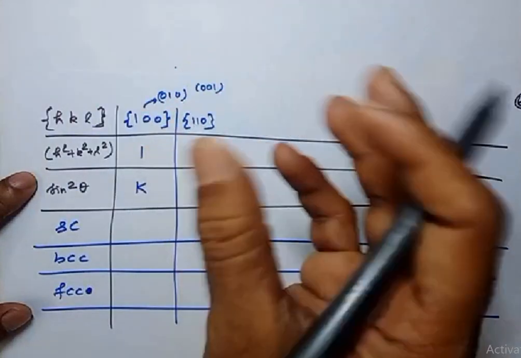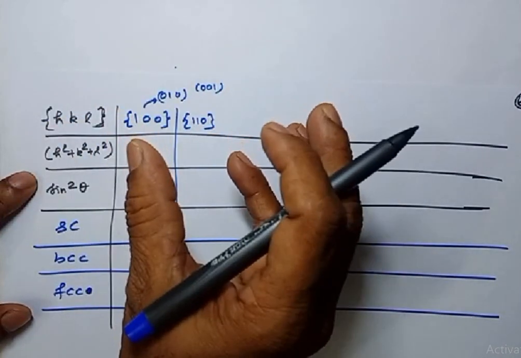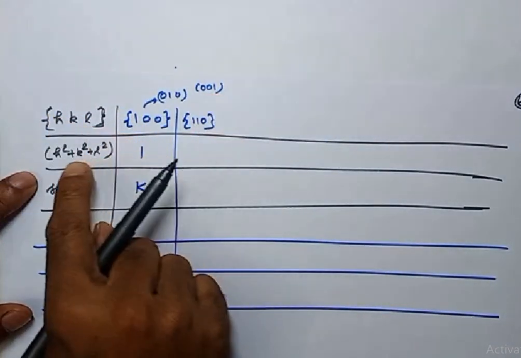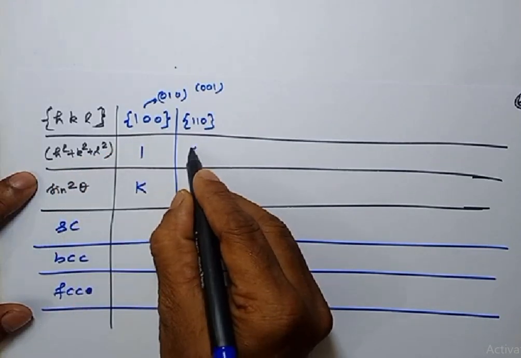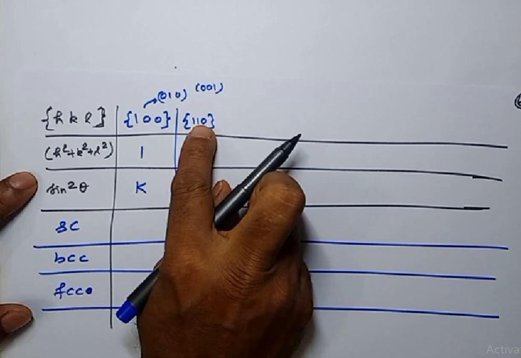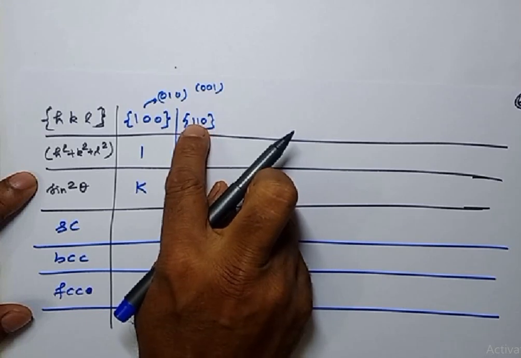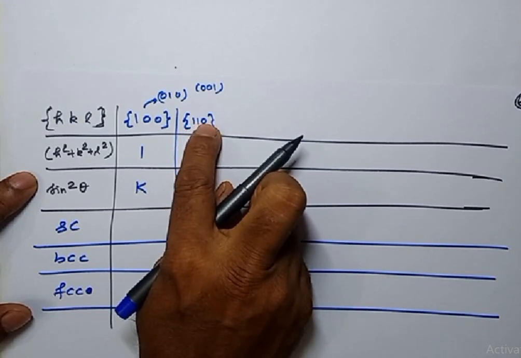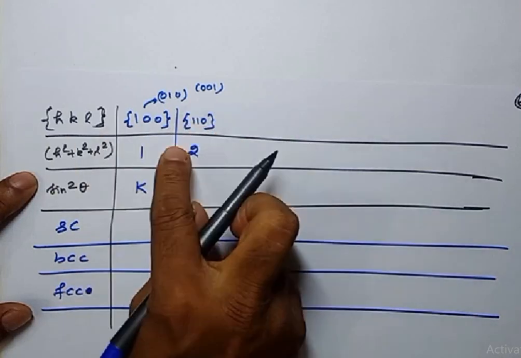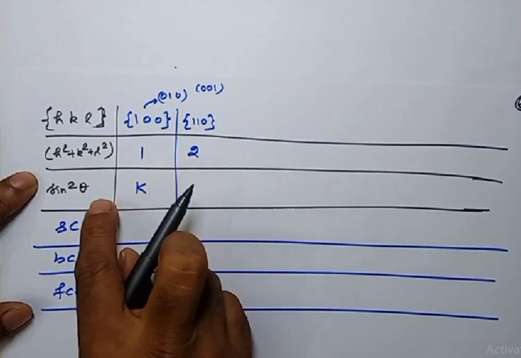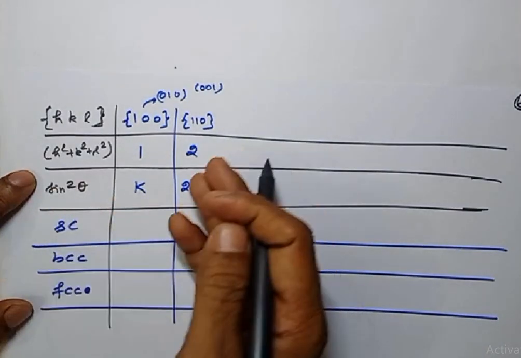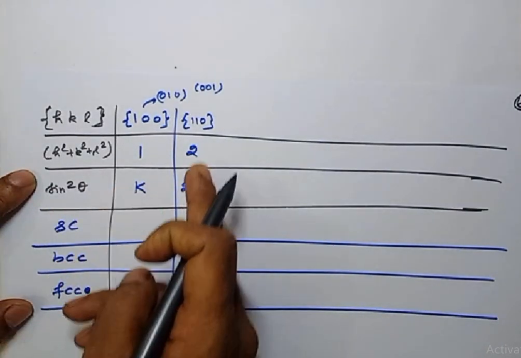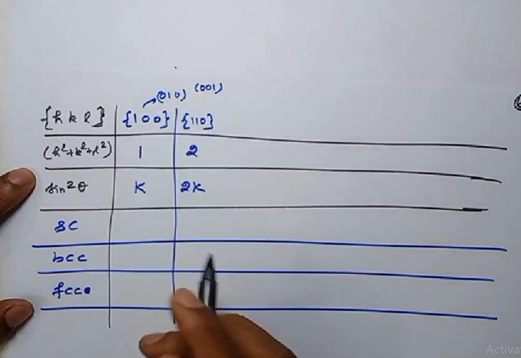All the possible ones come under one family, and for this family H square plus K square plus L square is equal to 2. H value is 1, K value is 1, so 1 square plus 1 square plus 0 square, if you sum up, you will get 2. 2 into K, you'll get 2K. That is sine square theta possible for this family.